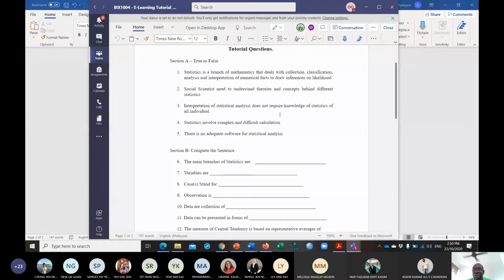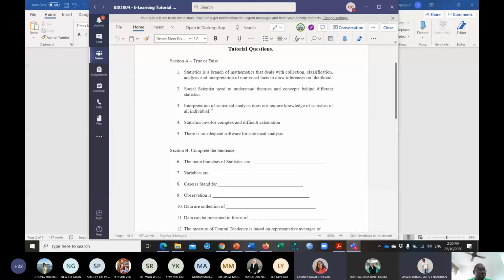Interpretation of statistical analysis does not require knowledge of statistics of all individuals. True or false? True means there's no need for knowledge.